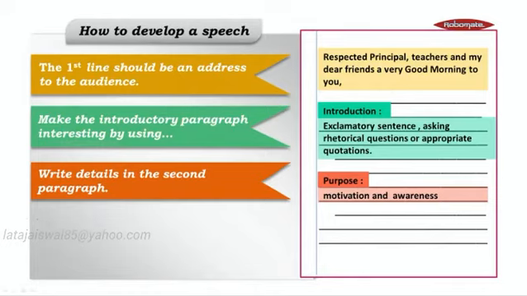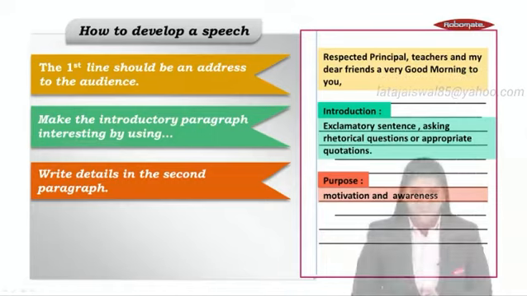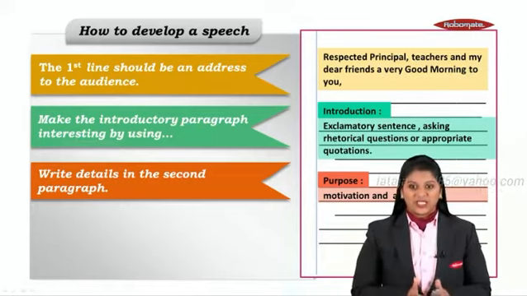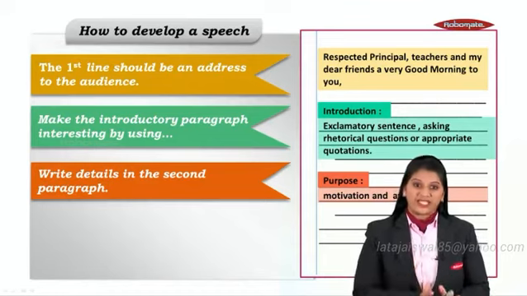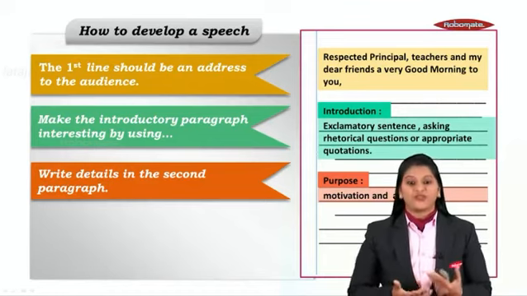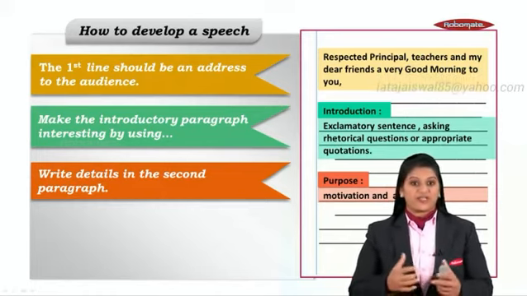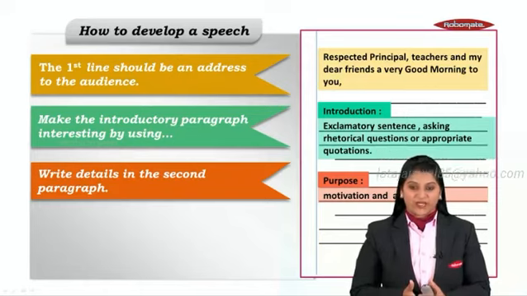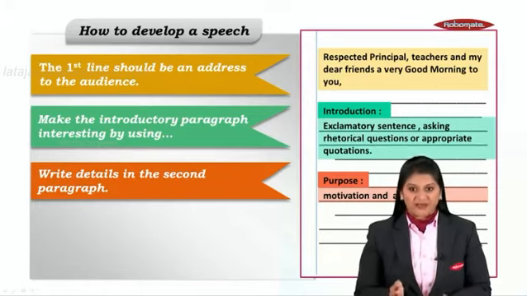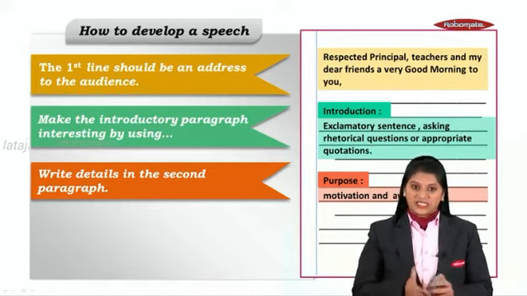Yes, the purpose of our speech is more often motivating our audience or spreading awareness about something. That means in order to develop your second paragraph, you are going to try to use sentences that are going to motivate the audience or spread awareness about something. So that was your second paragraph. You're supposed to write about 8 to 10 lines of such details.